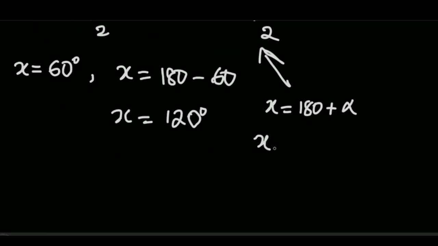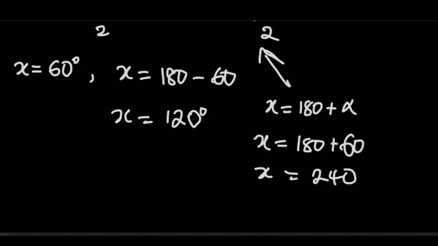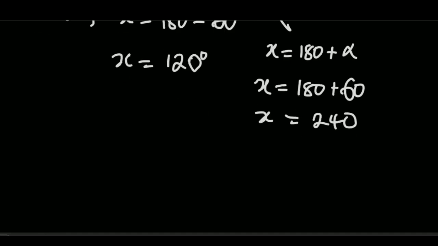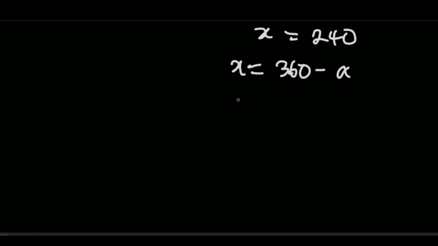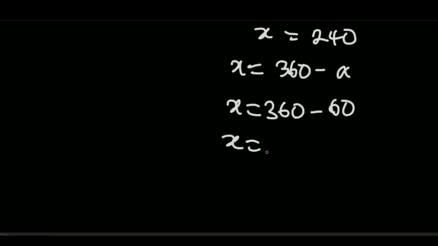So x equals 180 degrees plus 60, and this gives us 240. Now moving on to the fourth quadrant, x here will be equal to 360 degrees minus the reference angle, which is 60. So x equals 360 degrees minus 60 degrees, hence x equals 300.